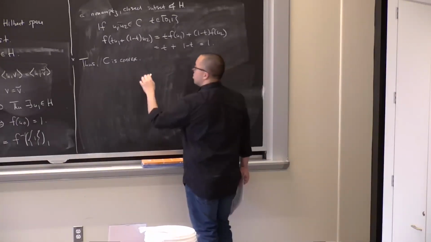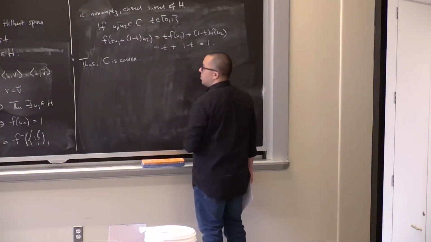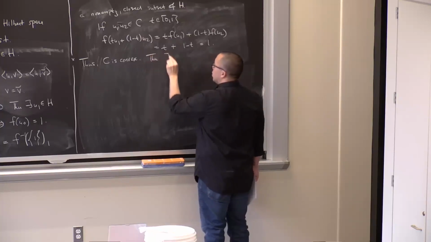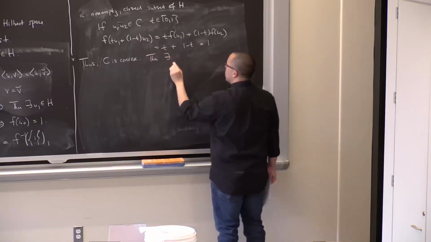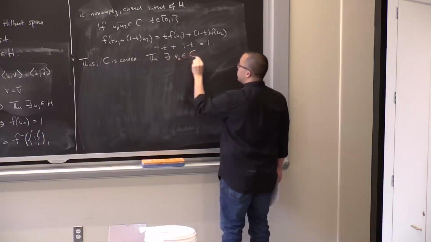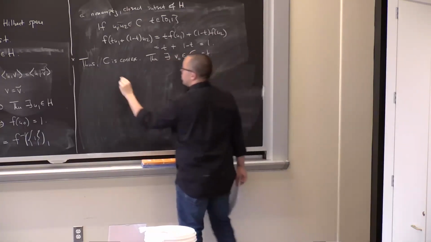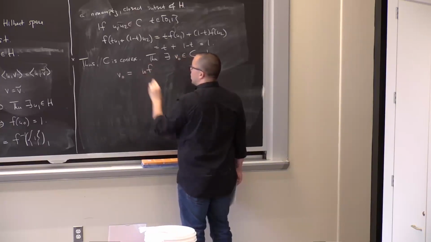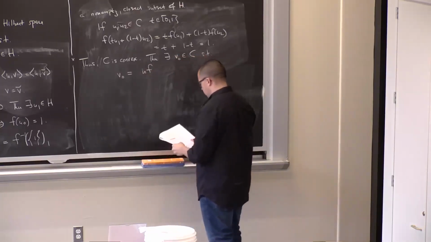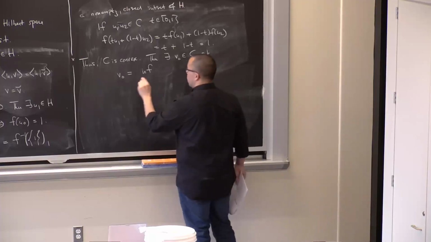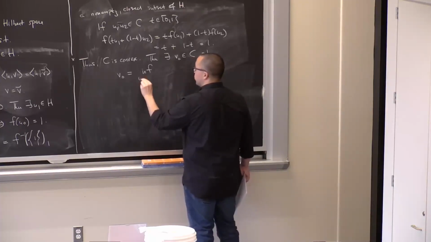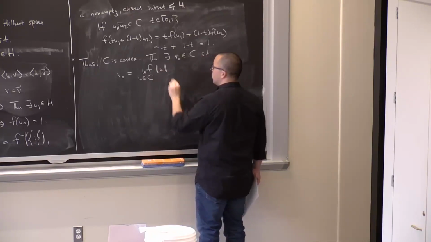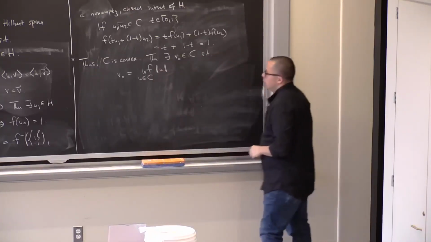So since C is a closed, convex, non-empty set, there exists a v naught in C such that the norm of v naught is equal to the inf of the norm of u over u in C. Okay?